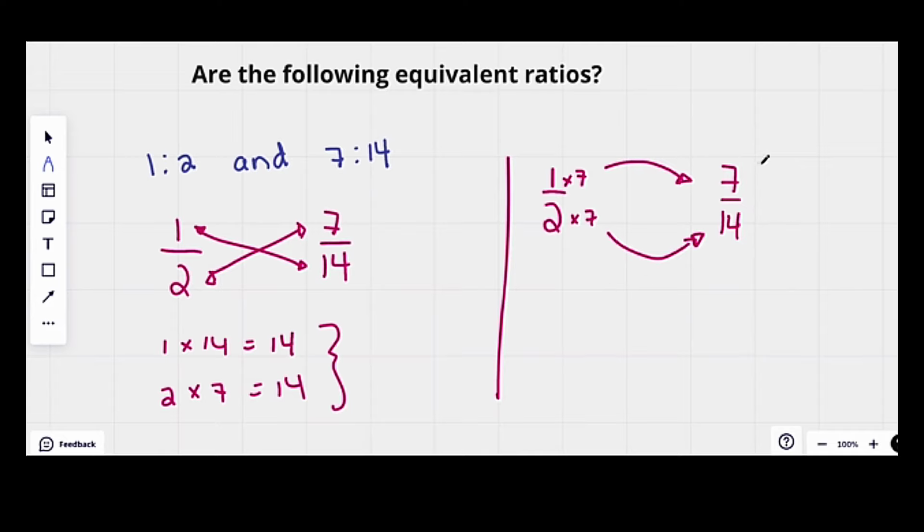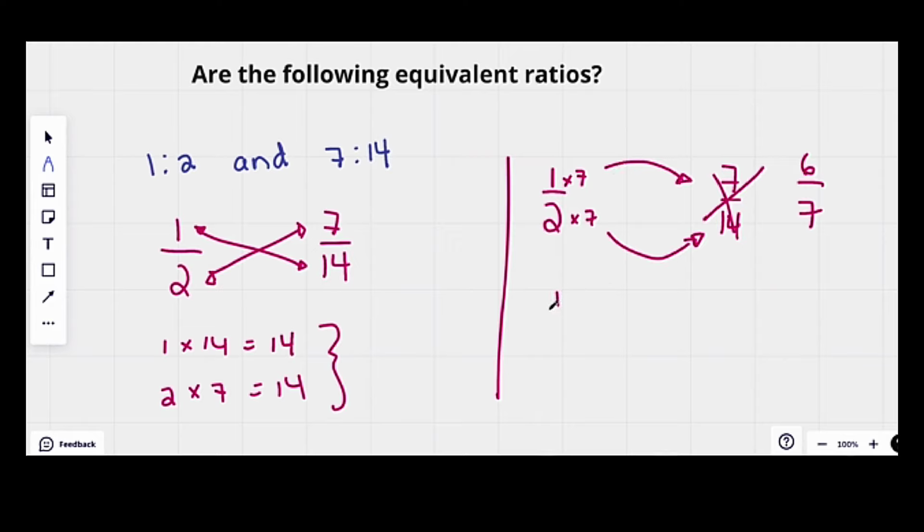What if the answer would have been something else? Maybe this fraction would have been a 6 and a 7. Well, in that case, it wouldn't have been an equivalent fraction because there is no number that we can multiply the 2 by and also multiply the 1 by that will give us a 6 and a 7.